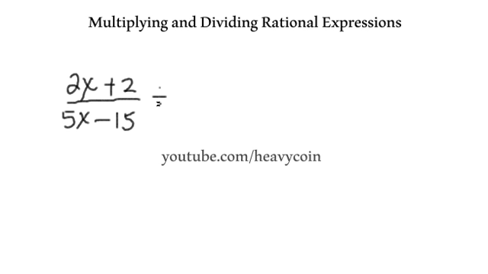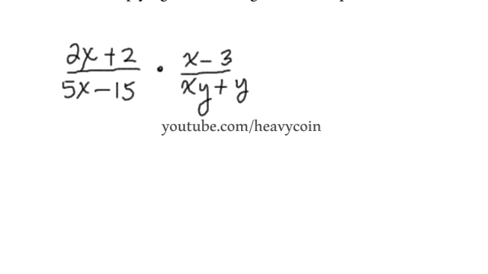Let's get rid of that. I'm going to erase that. We're going to multiply because we haven't done one of these yet. x minus 3 over xy plus y. And the reason I'm going so slow is because I'm giving you a chance to hopefully write this stuff down. So we want to simplify this.